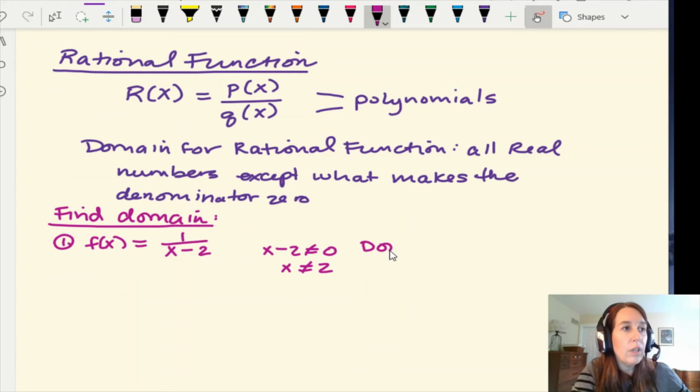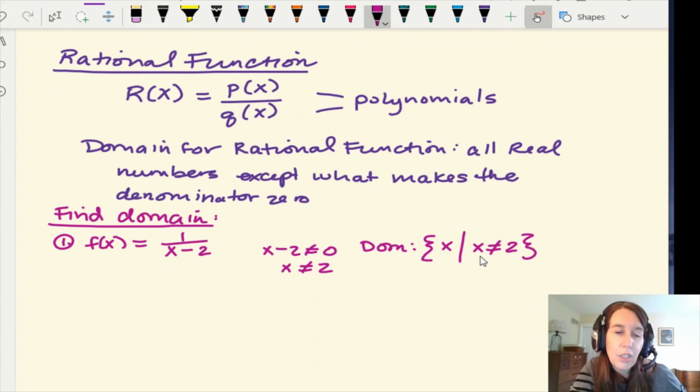Now in your online homework, it usually has you write it such as this. The domain is all x's such that x cannot equal 2. Okay, they'll give you some of that formatting, but they're writing it in inequality notation rather than in interval notation.